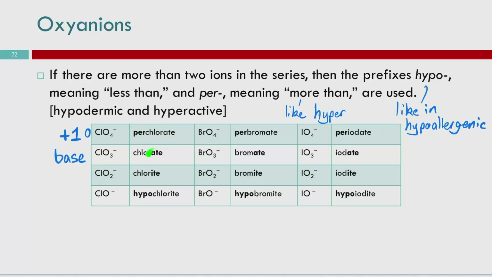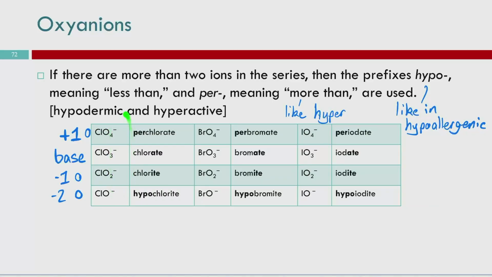Just like on the previous slide, we can remove one oxygen. That changes the ATE to ITE. That's our first oxygen that we take off. If we take off another, that's when we throw in the hypo prefix. So subtracting 2 oxygens, we need both the ITE ending and the hypo prefix.